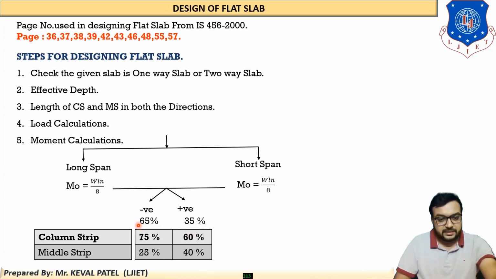This 65 and 35 percentage is already written in the IS code provisions. We will see it later in this slide.